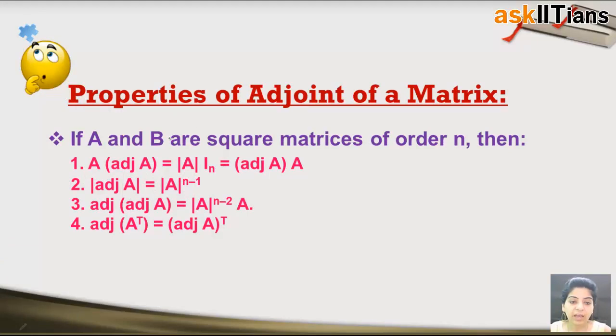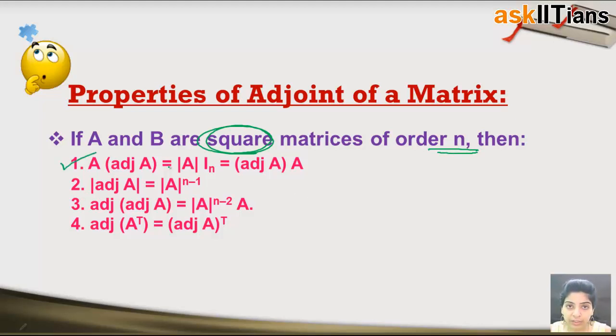Okay, so next we have the properties of the adjoint of a matrix, right? If A and B are square matrices of order n, then the following properties hold good.